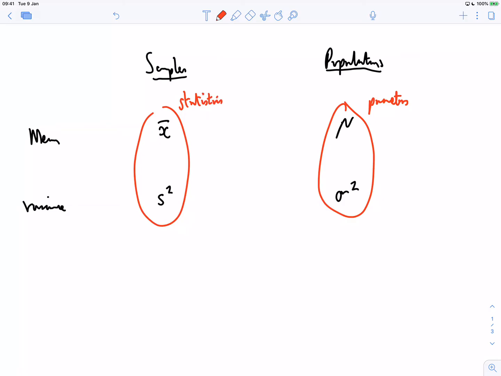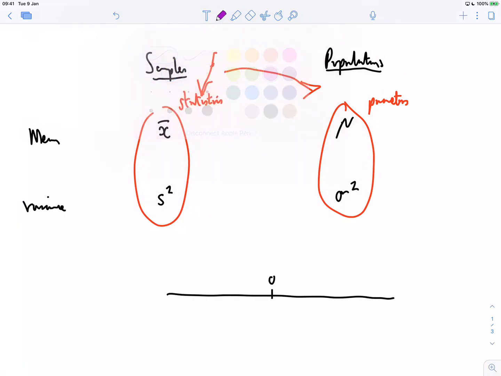It's very important that you get that early on, because later in life when you go to university, hopefully, and if you ever do statistics, you'll learn about biased and unbiased operators. Essentially, these statistics can be biased or unbiased because they're not truly reflective of the population they come from, and hopefully you can see that just by inspection. For example, if I've got a number line here, 0, and I've got a load of data points, one there, one there, one there, one there, one there, one there, one there, one there, and the mean works out to be 0.